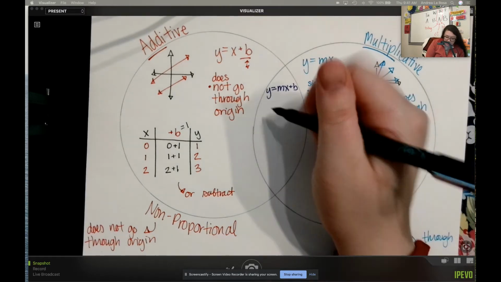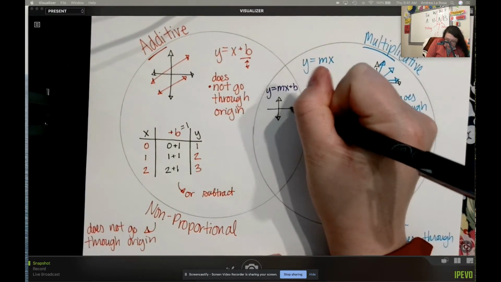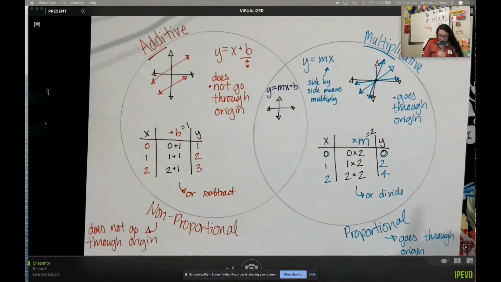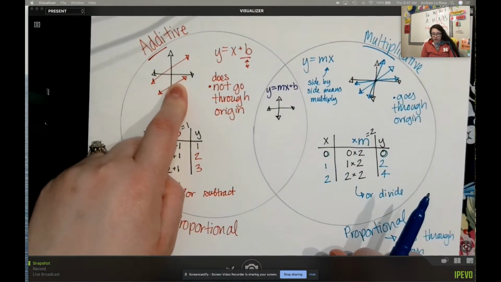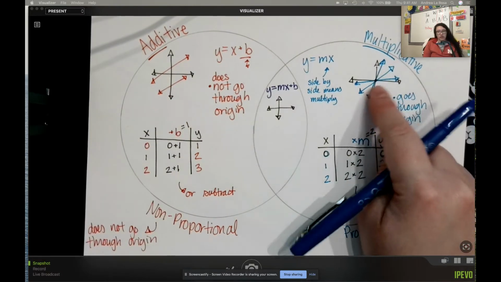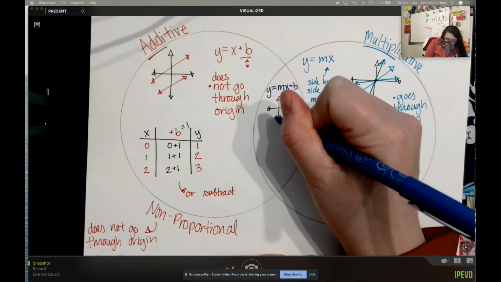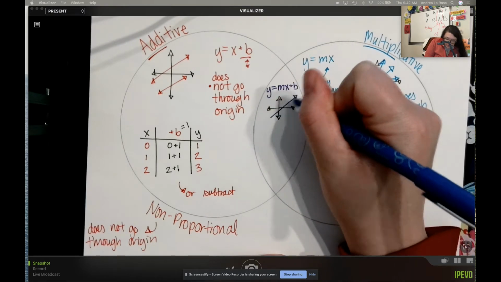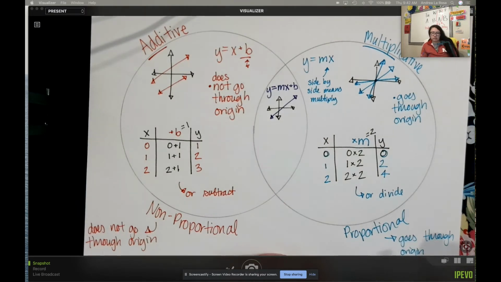So now what I'm going to see, if I graph these relationships, is it's going to be above and below the origin, and it's going to be steep or it's not going to be steep. So I could have a line that goes like this. It's below the origin. It's kind of not really super steep.